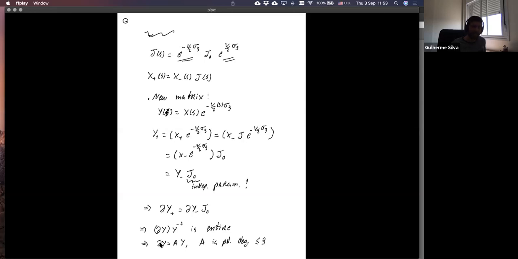With respect to t, A is a polynomial of degree 3. With respect to gamma, degree 2. With respect to x, degree 1. Very simple.